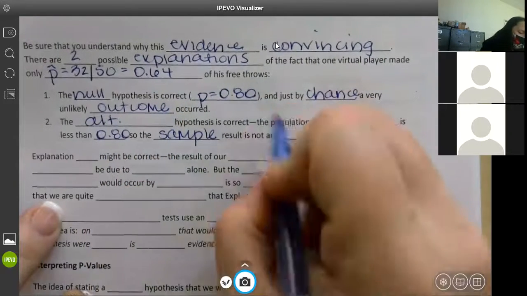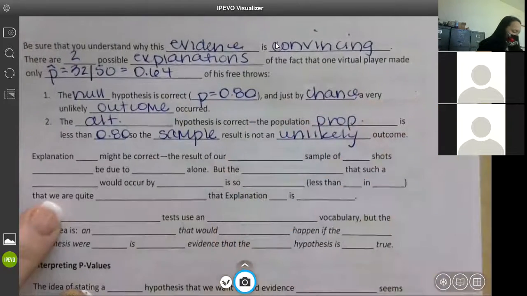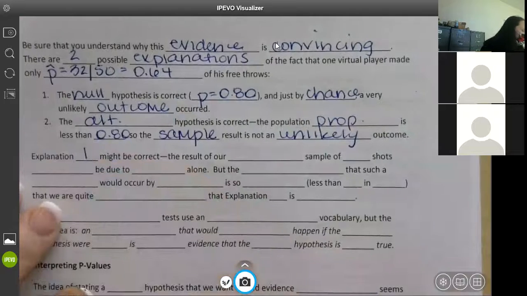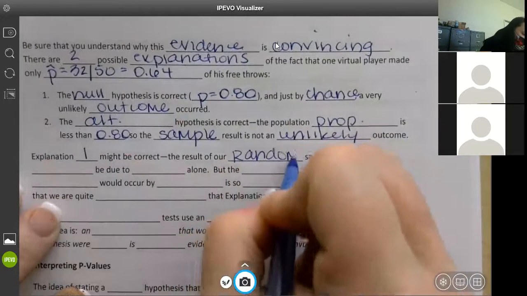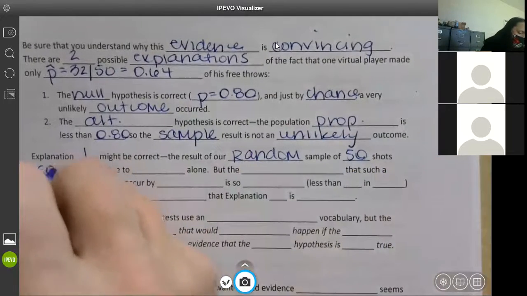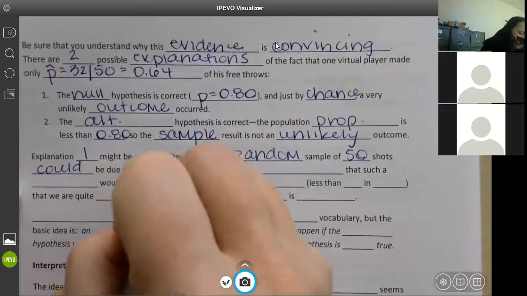Explanation 1 might be correct. The result of our random sample of 50 shots could be due to chance alone.